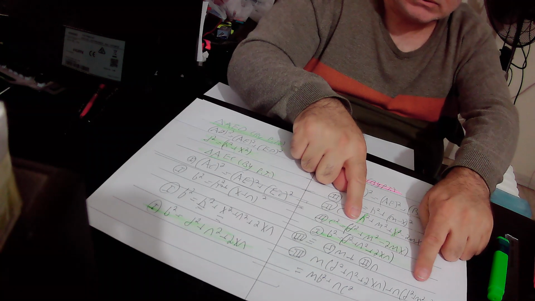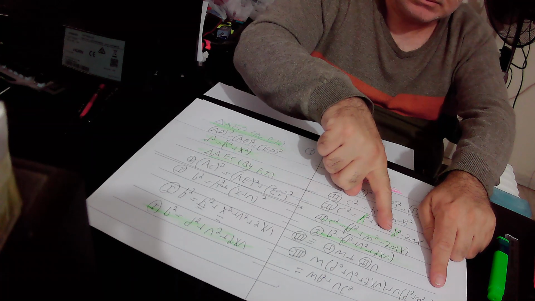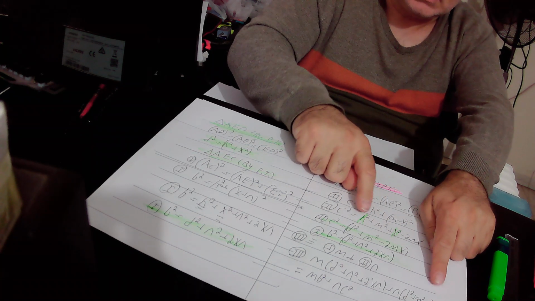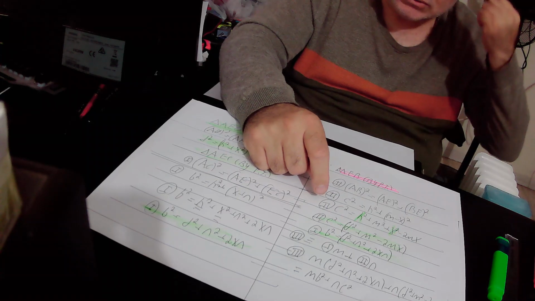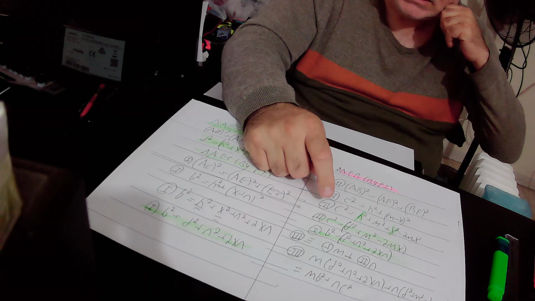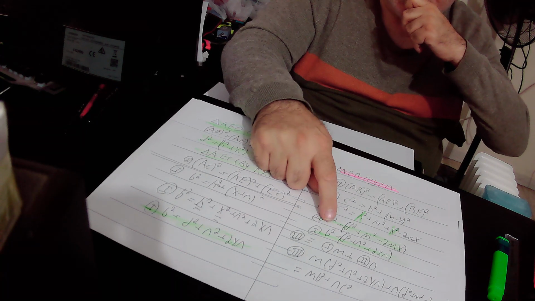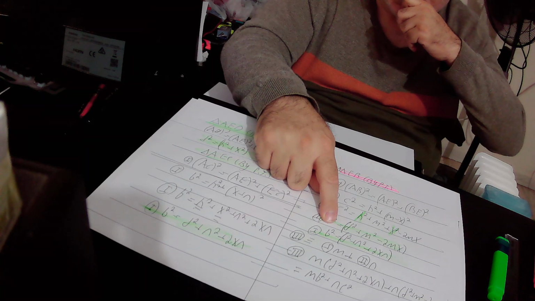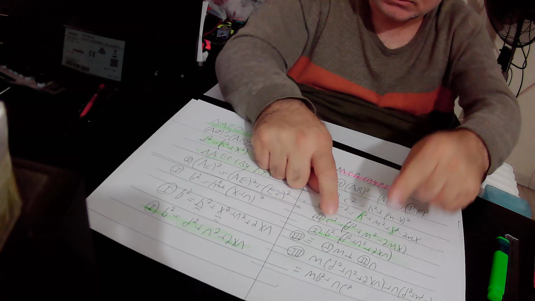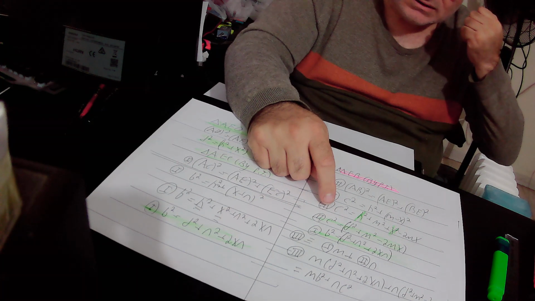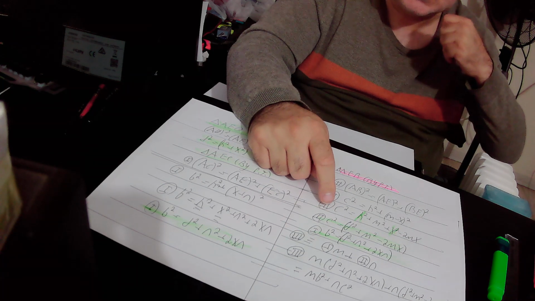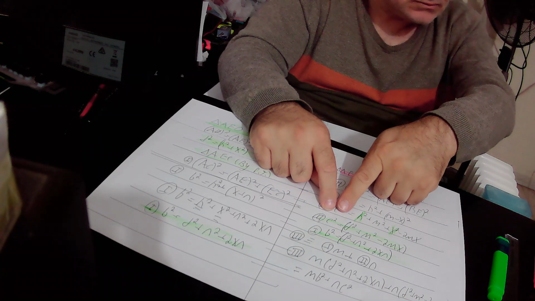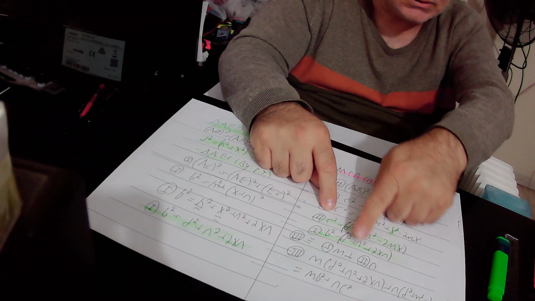Inside the brackets we have d squared plus m squared minus 2 times mx. And it must be equal to the multiplication of the left side of equation number 1 by m. Here we have on the left side b squared, so it is mb squared, plus the multiplication of the left side of equation number 2 by n. On the left side of equation number 2 we have c squared, so it is nc squared.